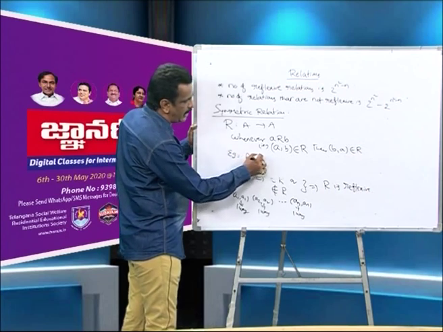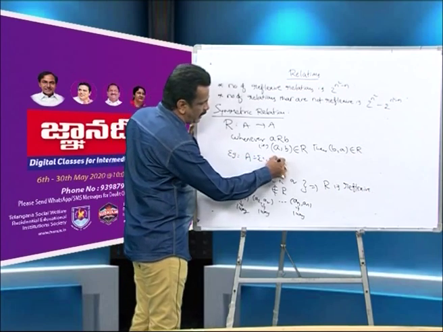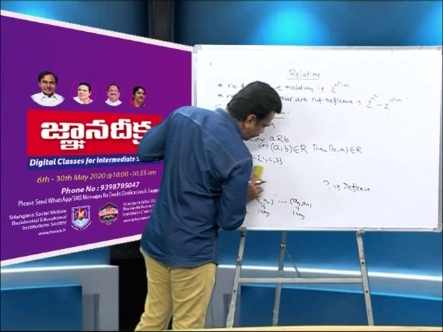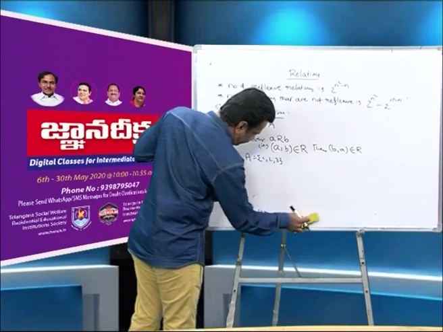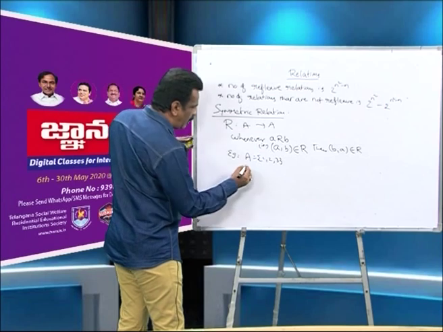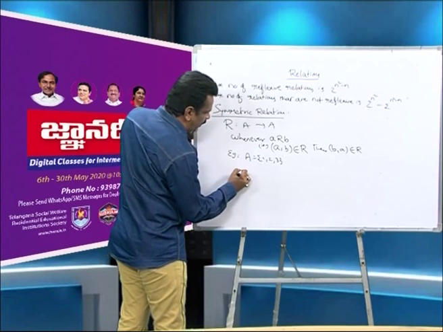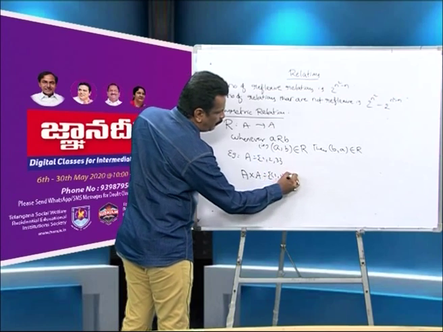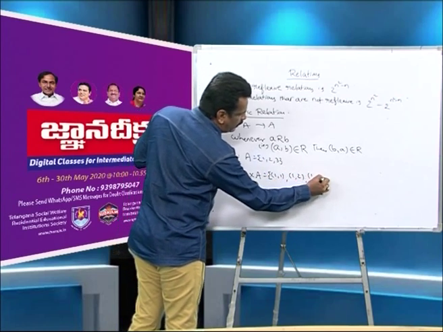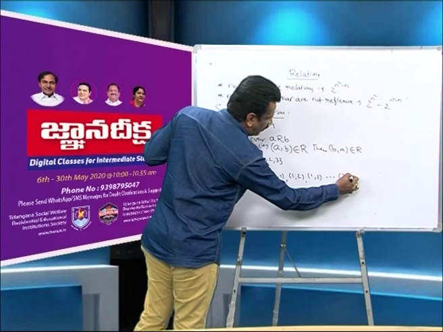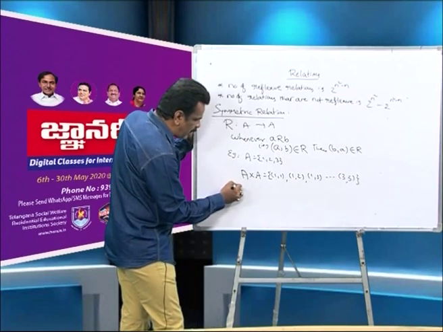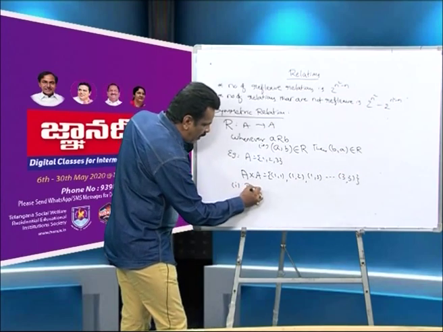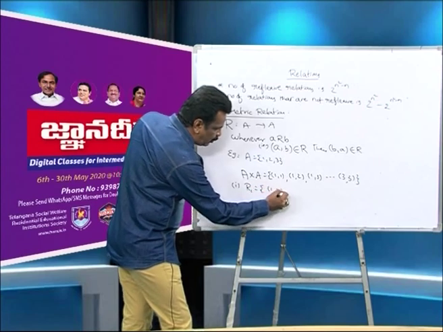Further, we can take an example in the previous one only. If you take A containing 1, 2, 3 elements, and we are defining here A cross A, we have 1, 1, 1, 2, 1, 3 and so on, 3, 3 ordered pairs, and from that I am picking up one thing, R1 equal to 1, 2, 2, 1 simply.